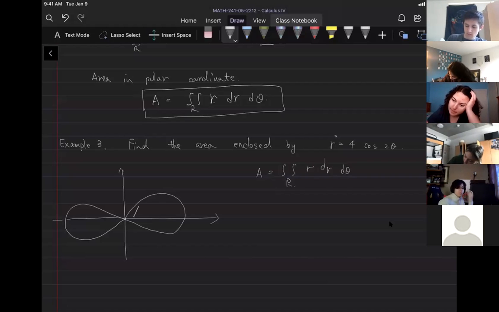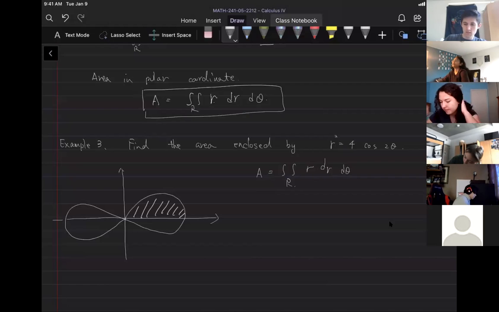We can find the area of this one and multiply by 4 to get the whole area. Is that okay, everyone? I didn't draw it symmetric, but it should be a symmetric graph. So we find one part of the whole area, and at the end we multiply by 4.